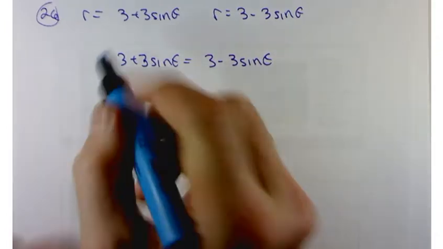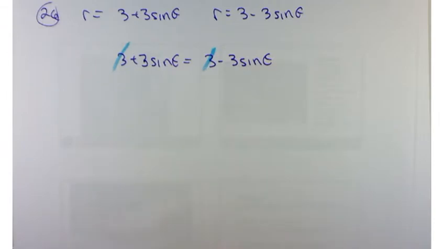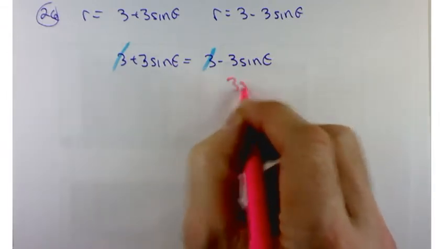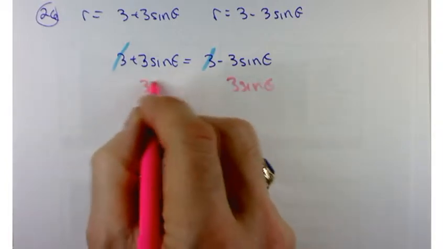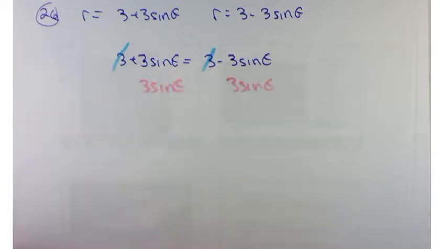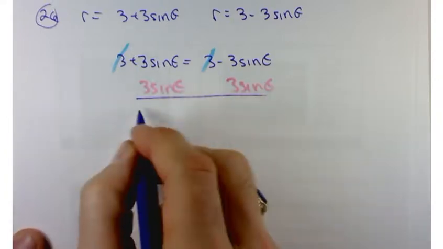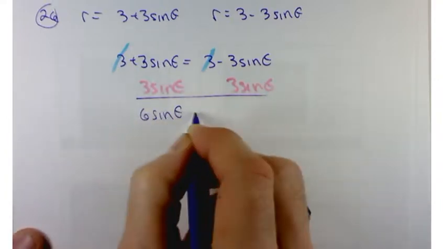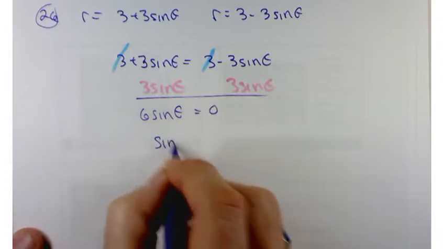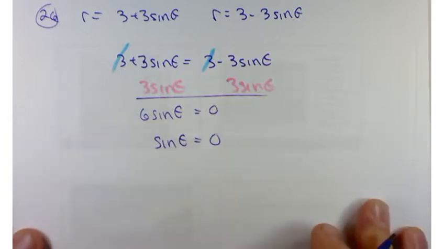Right away, you can subtract 3 from both sides. Then I'll add 3 sine of theta to both sides. And I end up with 6 sine of theta equals 0, or in other words, sine of theta equals 0.